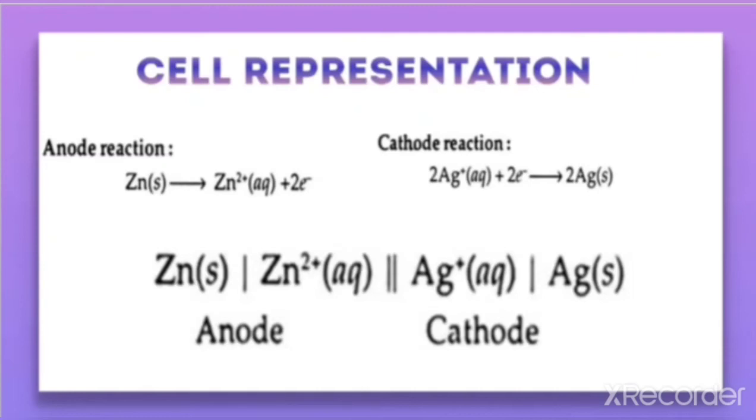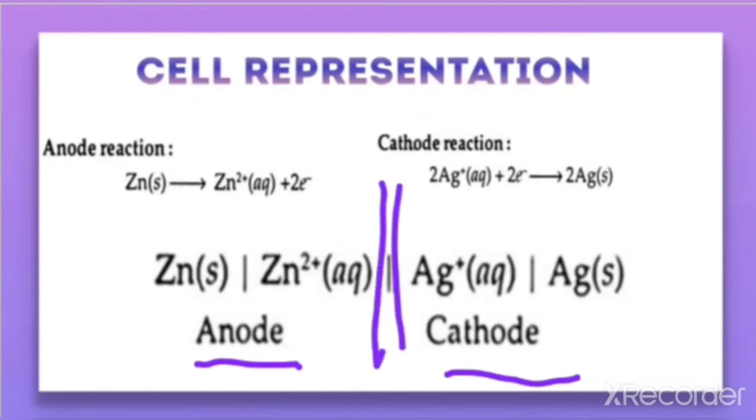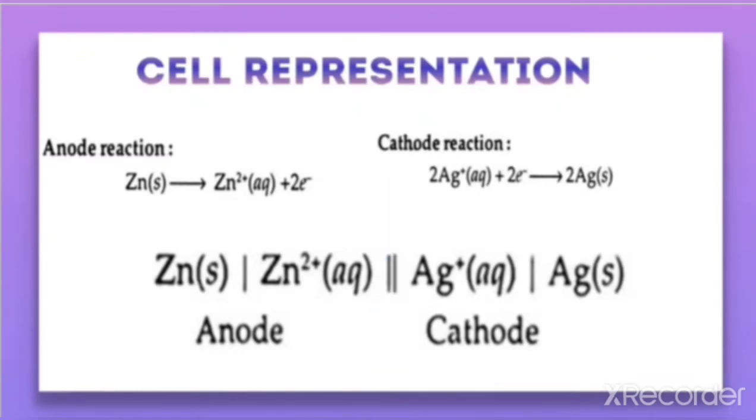First we write the anode reaction on the left hand side, the cathode reaction on the right hand side, and in between them we keep the two lines. Here the reactant is zinc, so we write the symbol for zinc with solid in brackets. Then we give a slash, then we write the zinc ion, that is Zn2 plus, which is the product here.